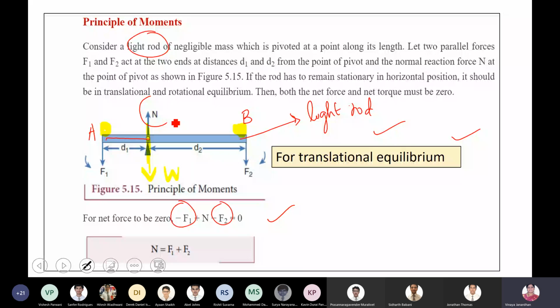So which are the forces acting in the downward direction? F1 is negative, F2 is also negative. What is the other force acting in the upward direction? N. So all these forces should become equal to 0. Or I can write F1 plus F2 is equal to the normal reaction. Now if this condition is satisfied, this metallic rod will not move.